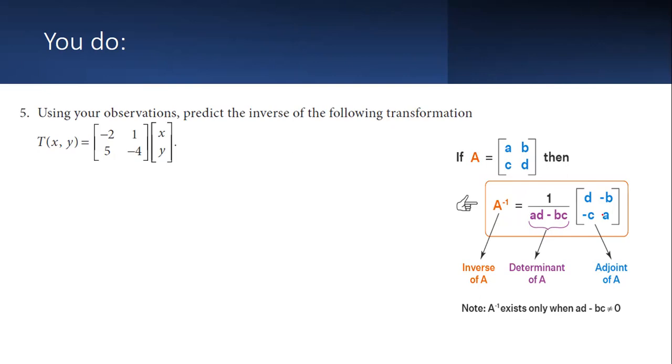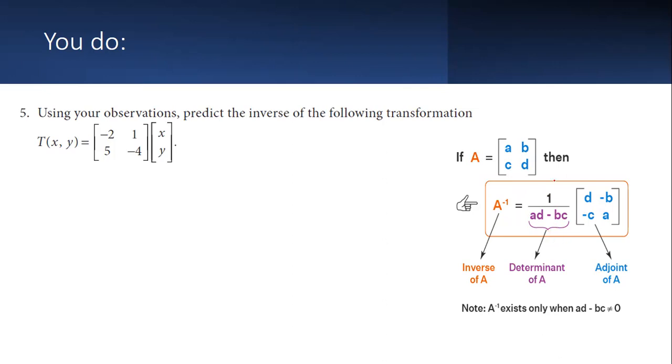Order matters, so we have to switch these two. The diagonal matters. And then we discovered that everything was divided by the determinant. When we did operations for matrices, we said we don't divide, but we multiply by the reciprocal. So instead of dividing by 13, we're multiplying by 1/13.